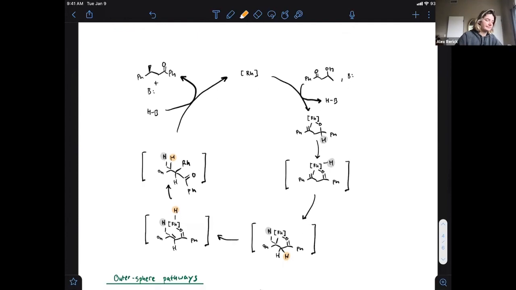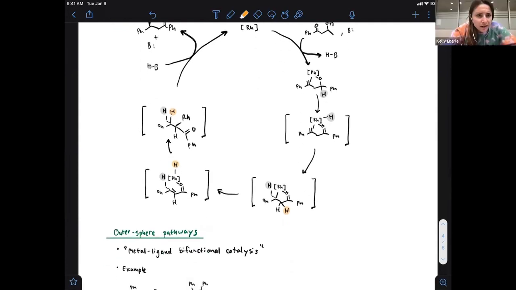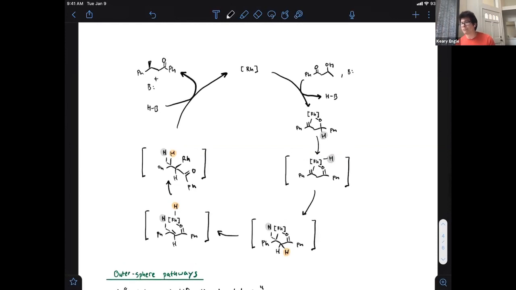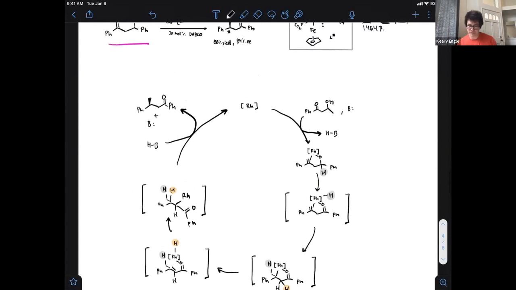Okay, thanks. Sorry, Kiri, is the hydride getting added on the opposite face of coordination? I guess as the methyl group is drawn up, is there a way to rationalize that facial selectivity? Which hydride? So sorry, I guess the final product, how would you be able to predict if that methyl group is going to be up or down? Yeah, I don't think there's a straightforward way to predict it from first principles.